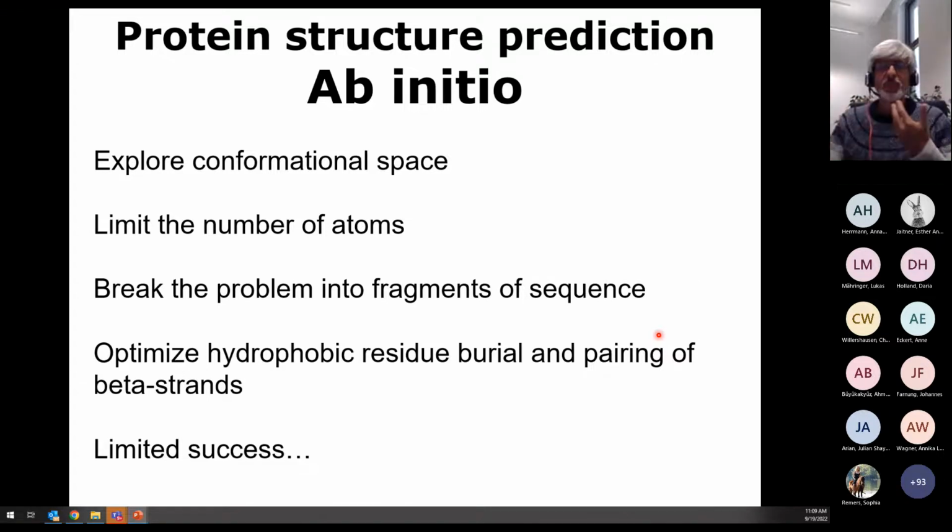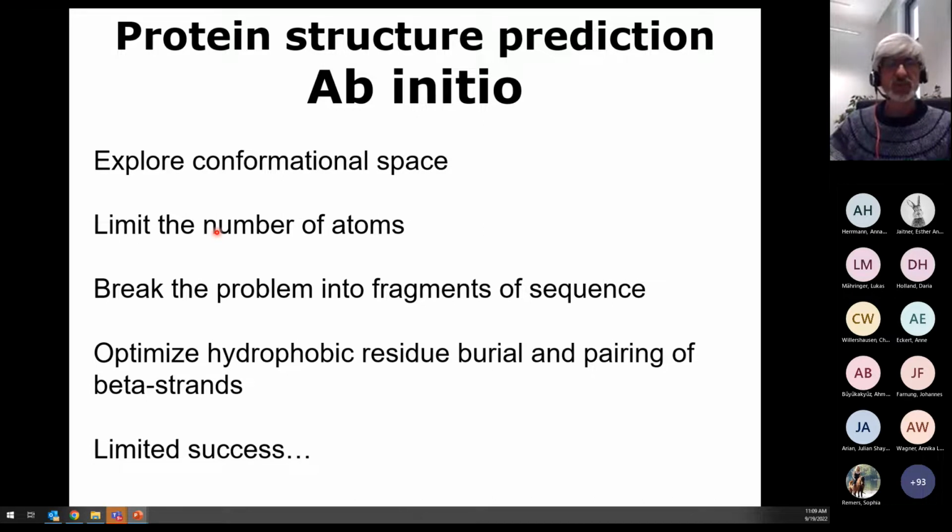So if you cannot do protein homology modeling, you have your protein and nothing similar in the PDB with a structure, it was thought that it would be possible to predict protein structure ab initio, without the use of any information from any other protein structure, just by looking at the physical properties of the protein and trying to simulate the folding.